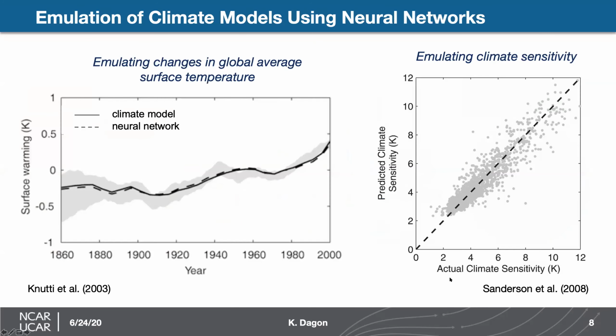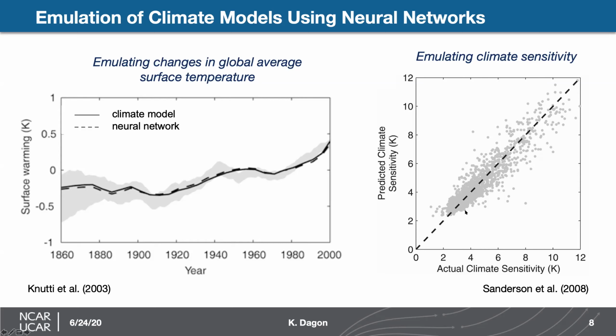And then I'll just briefly note that this isn't the first time that climate models have been emulated using neural networks. So a couple of examples from the literature. On the left here is an example of a comparison between a climate model and a neural network for the change in global average surface temperature with some uncertainty. You can see how that's performing over time.